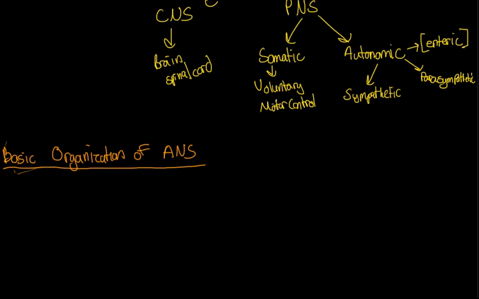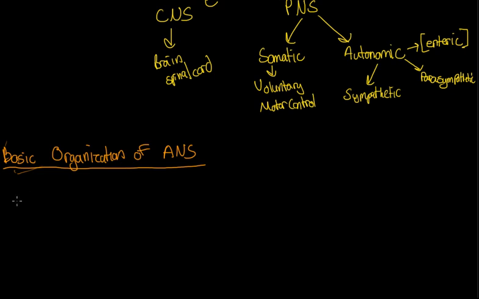So on the last webcast, I mentioned the somatic motor system, or nervous system, which has voluntary motor control. You're going to have one nerve, one single axon, one single neuron that's going to travel from your spinal cord to the muscles it innervates. It's going to be a single neuron.